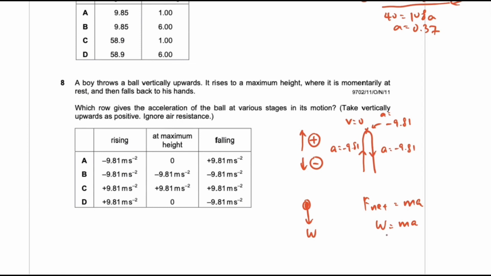Because of that, mg equals ma. So a is always equal to g. Because of that, it is B. Always negative 9.81.